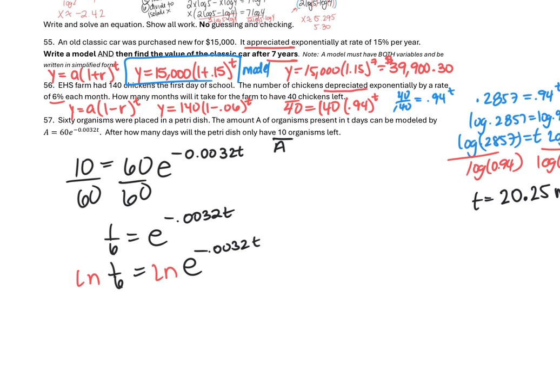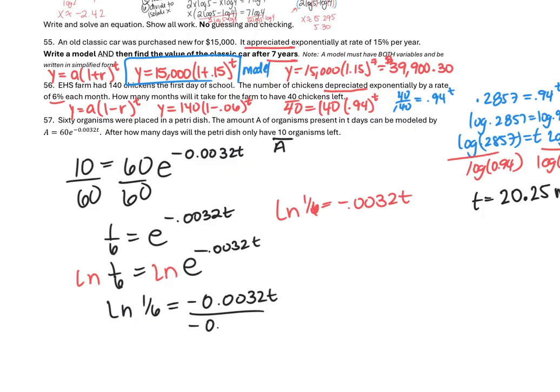Now, could you rewrite that as a log? Sure. ln of 1/6 equals negative 0.0032 t. I'm going to end up with the same result. So ln of 1/6 equals negative 0.0032 t. And we're going to divide by negative 0.0032.